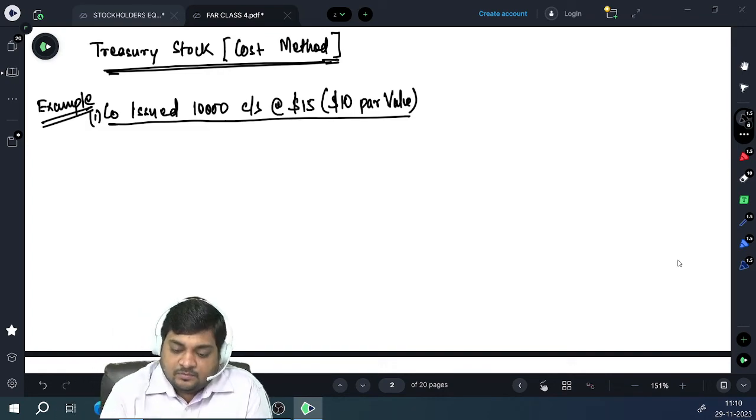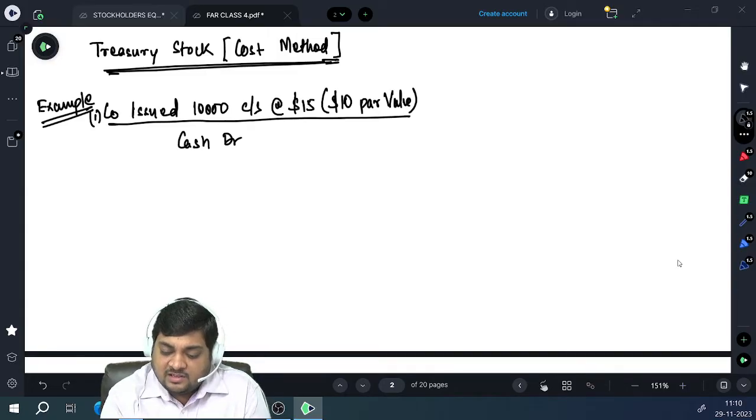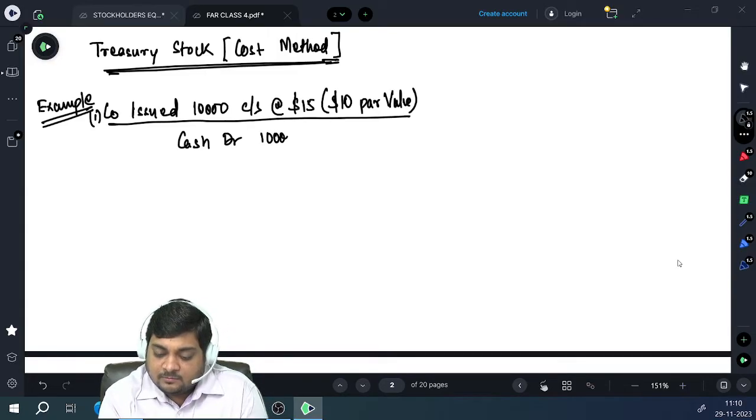Now this is the normal issue entry. So we have cash debit, 10,000 into 15, that's $150,000.